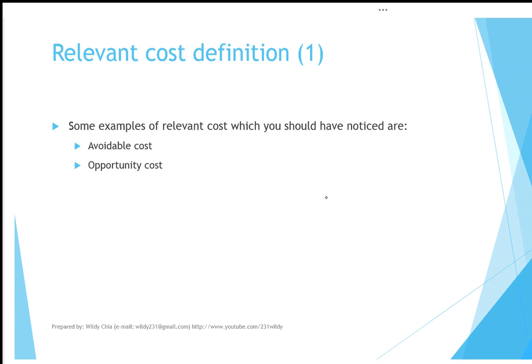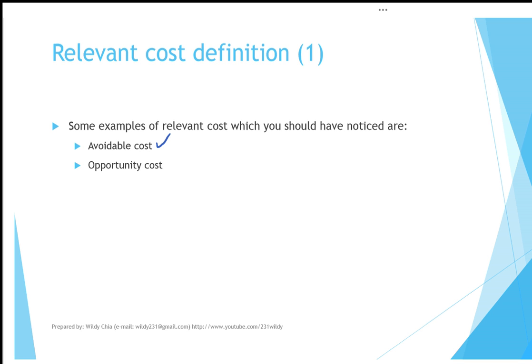So in this case, we realize that relevant costs that we apply for purpose of decision making include avoidable costs. Avoidable cost basically is a cost that can be avoided by making a different decision. For example, if I choose not to accept the special order, can I avoid paying for the special packaging?